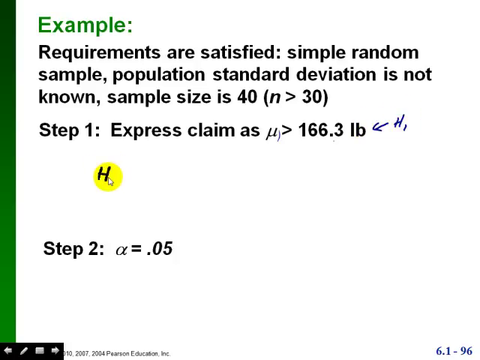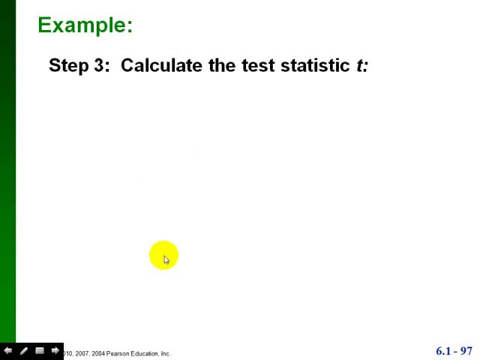So we can write down that H1 is that mu is greater than 166.3. For our null hypothesis, we have the same symbol, same number. We just replace our inequality with an equal sign. And we already know that our significance level is 0.05 since that was given to us.